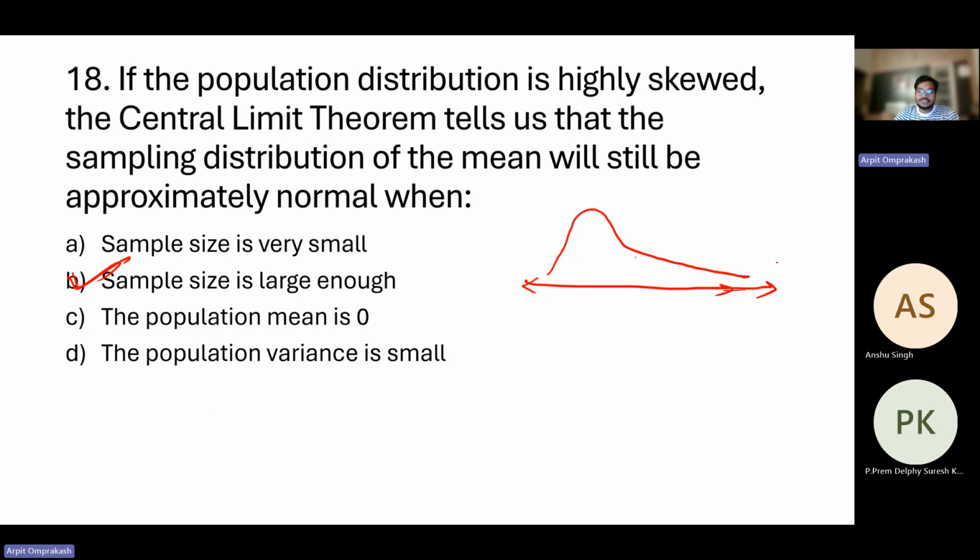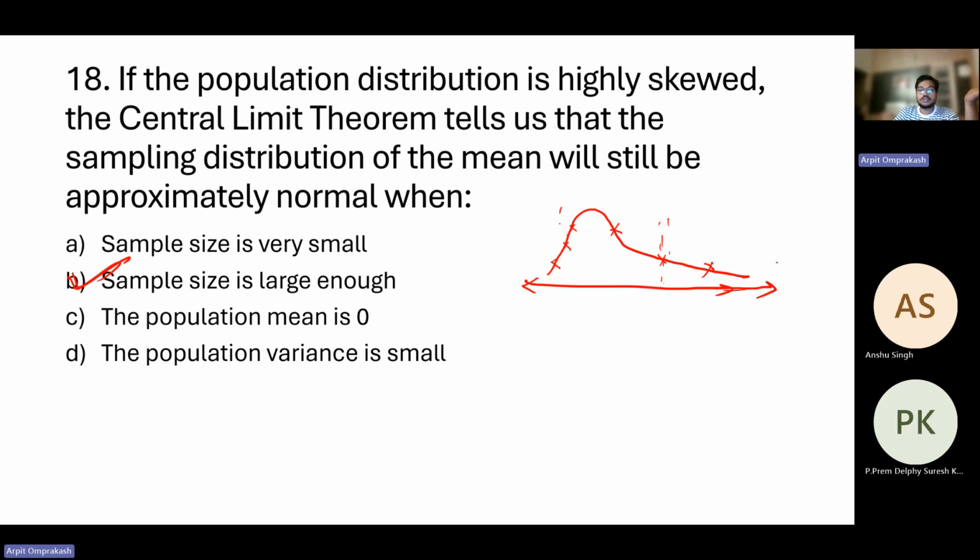But if you have a small sample size in this case, like let's say we are picking only 3 samples, and randomly, we pick these 3 points, right? So the mean that you will get will be somewhere here. Now again, let's say you take 3 points and you get 3 points which are here.